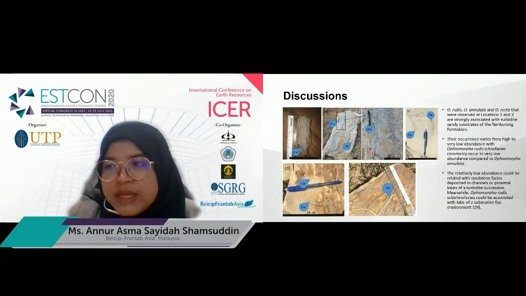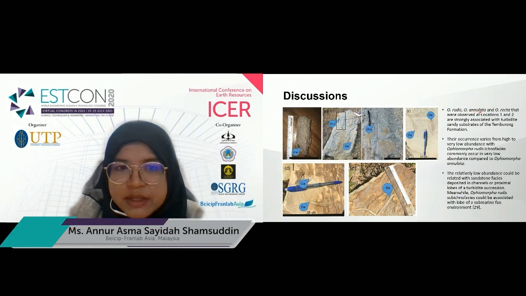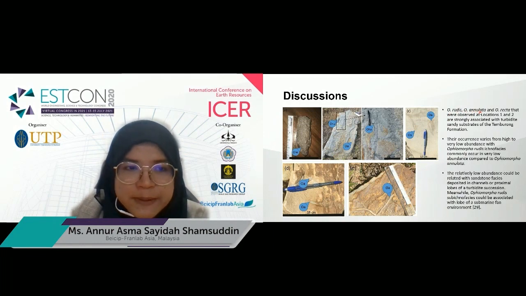When it comes to the other trace fossils like Ophiomorpha rudis, Ophiomorpha annulata, and also nodosa, they are also well preserved in the study area, location 1 and also location 2.